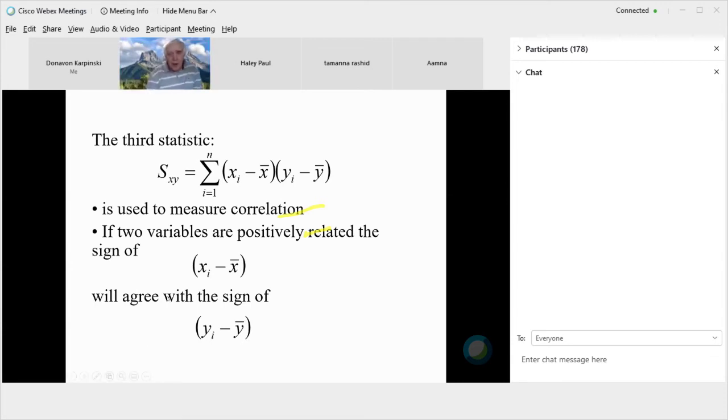If the relationship is positively related, the signs of xi minus x bar and yi minus y bar will agree. If one is above x bar, the other one is above y bar. If one is below x bar, the other one is below y bar.